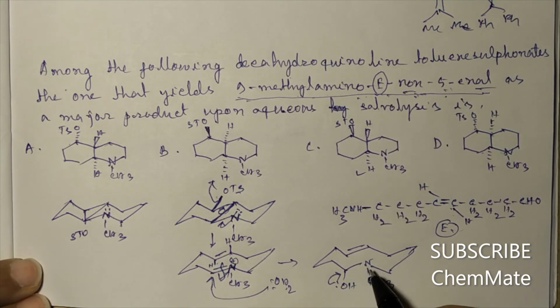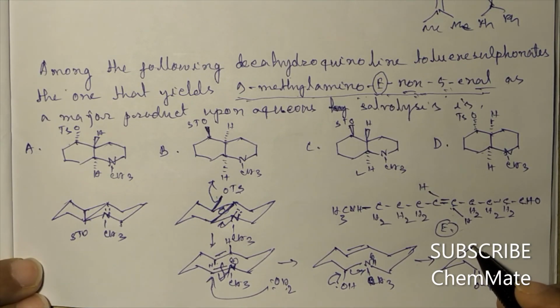Now it will be protonated, so it will be eliminated. So the product will be NHCH3, and after deprotonation this will be converted to CHO.